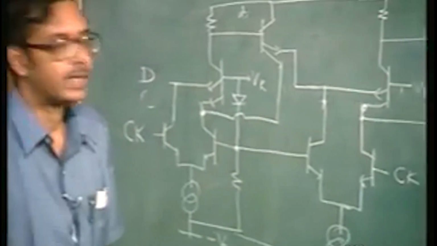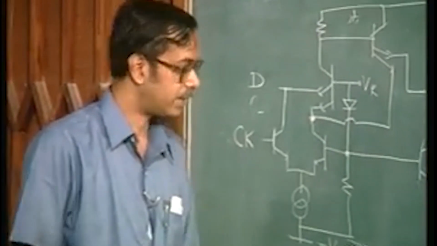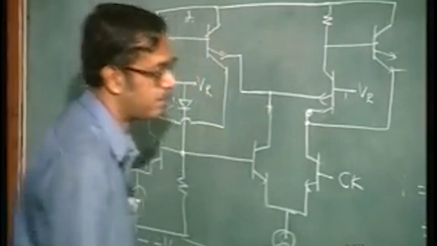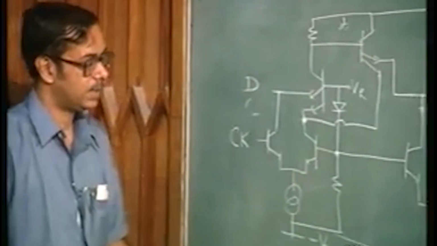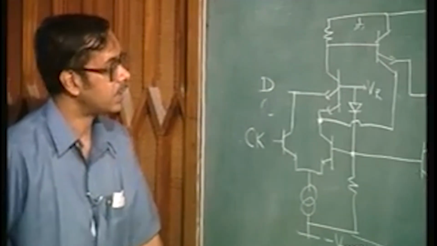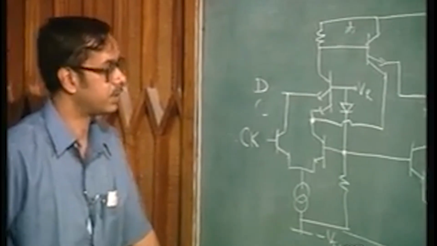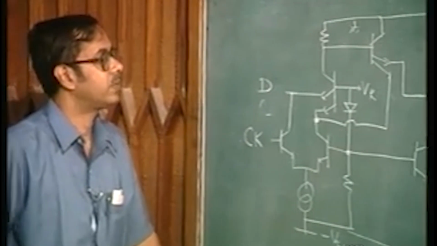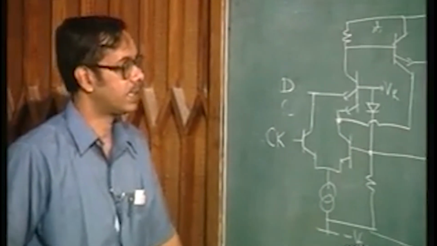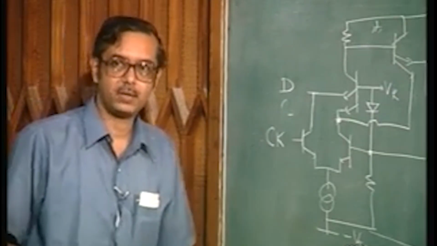You see that again what is important here is that we have achieved it with a lot of saving in power dissipation. Now, after this the only issue which we have not really taken up is that we have to see whether this particular circuit satisfies the voltage compatibility requirement.